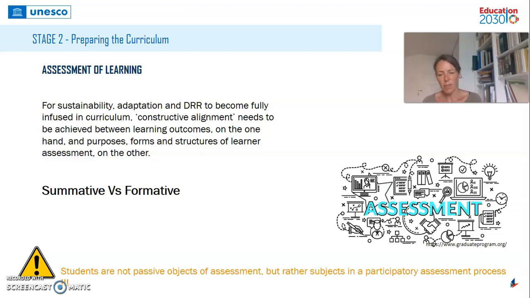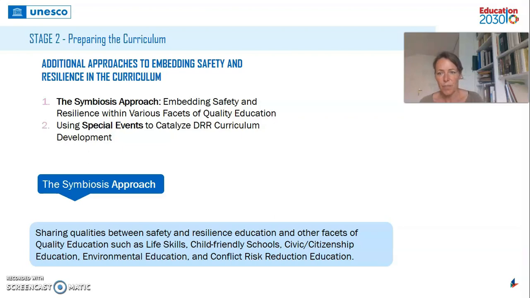An assessment that is done by testing the skills and attitudes at the end of the process would be a summative assessment, and the formative assessment is a more active way of assessing learning throughout the learning process, which might be more interesting with regard to disaster risk reduction education.